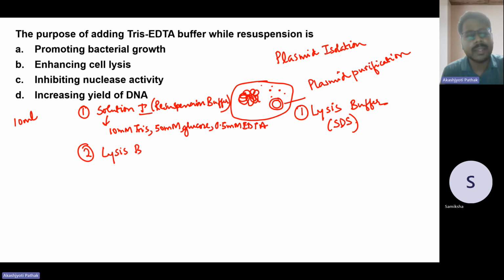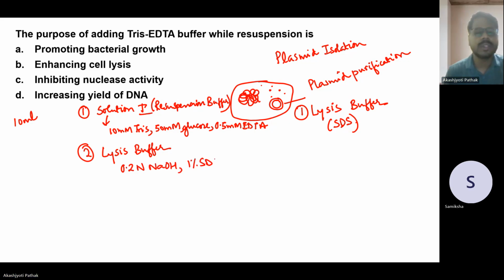This lysis buffer has two components. It has 0.2 normal NaOH and 1% SDS. So what do NaOH and SDS do? SDS will rupture the bacterial membrane, and once the bacterial cell wall is ruptured, all the components present inside the cell will come out. These components will have different enzymes, RNases, DNases, and these enzymes have different metal centers.